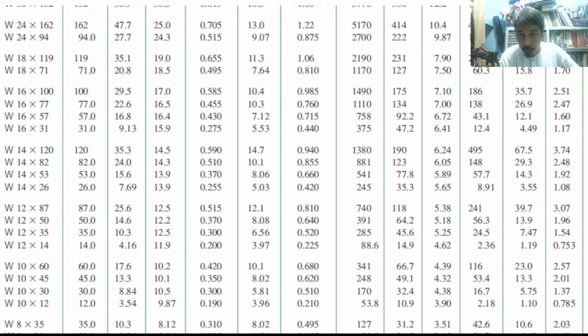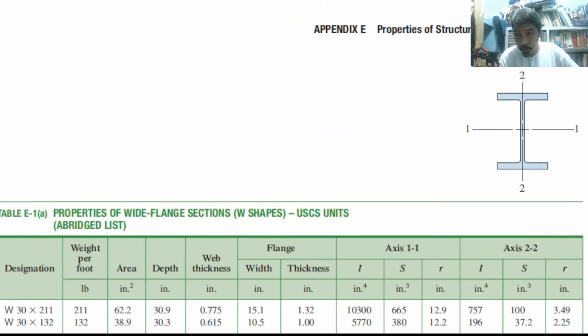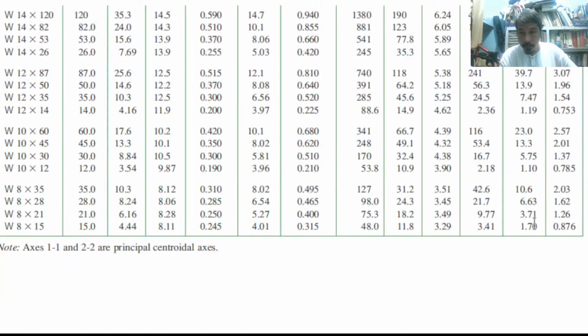So as you can see here, we show you Ry, okay? This is for Rx, so Ry, Rx. So let's go back to that. This is Ry, this is Rx, and this is the area.